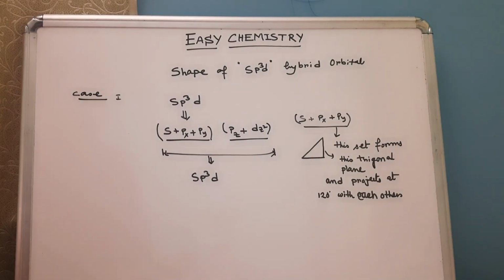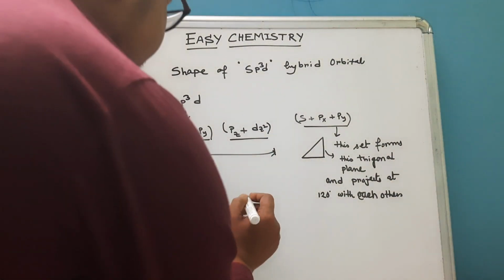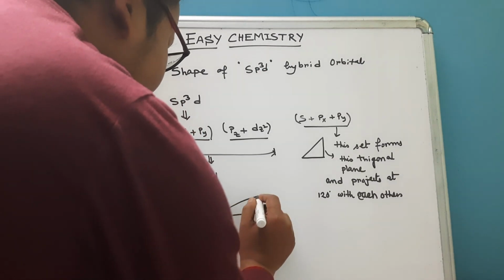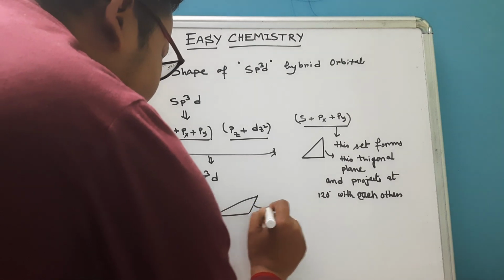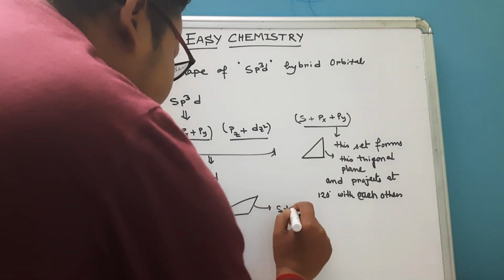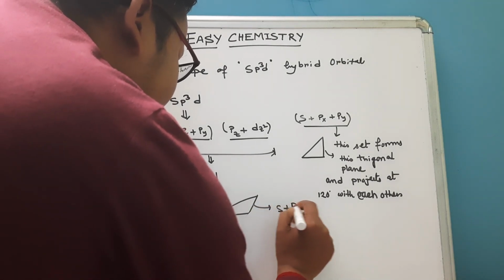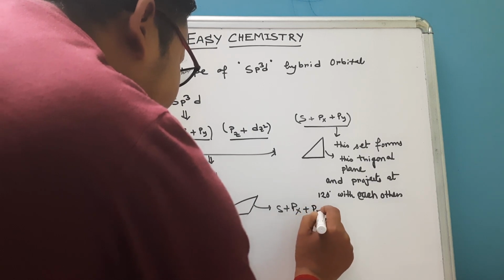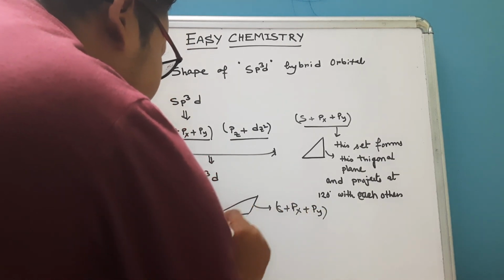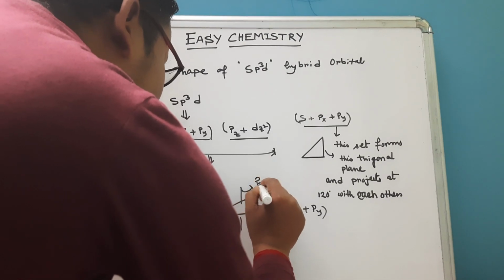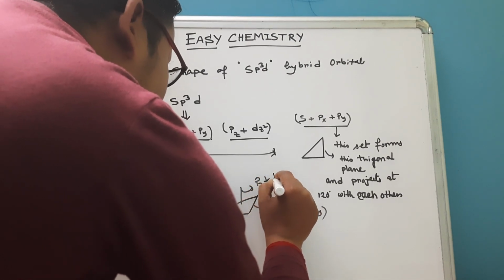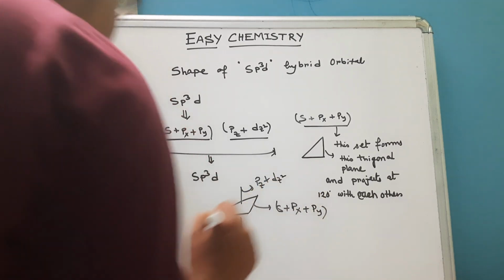So two sets: this set is nothing but s plus px plus py, and the other set is nothing but pz plus dz square.